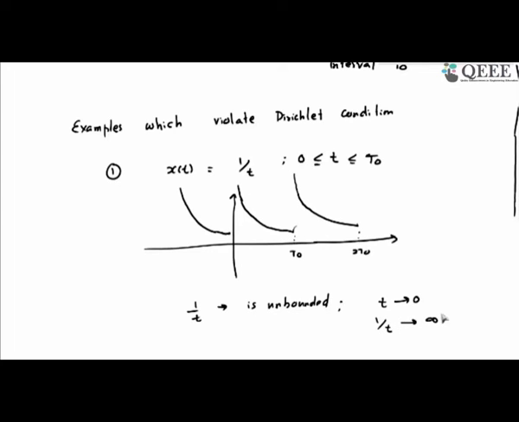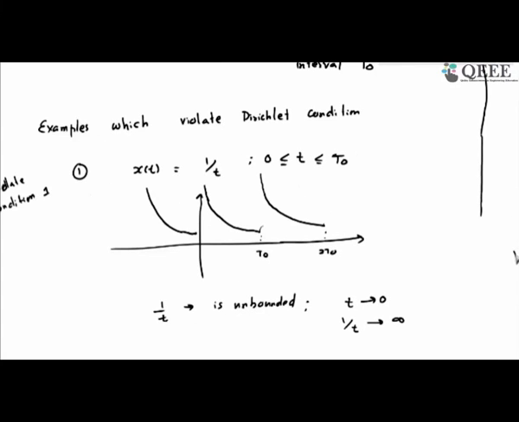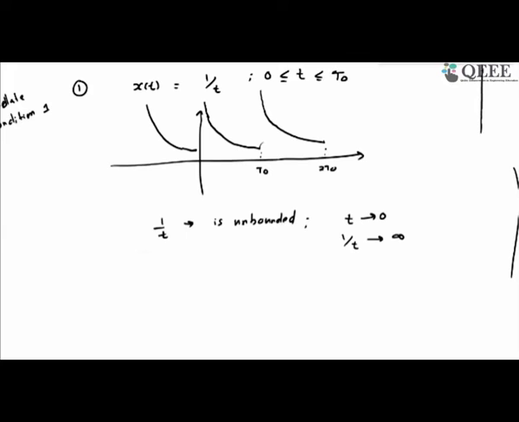If you try to find the area of this function 1 by t, you won't be able to find it because it is going unbounded, right. So this violates condition 1.